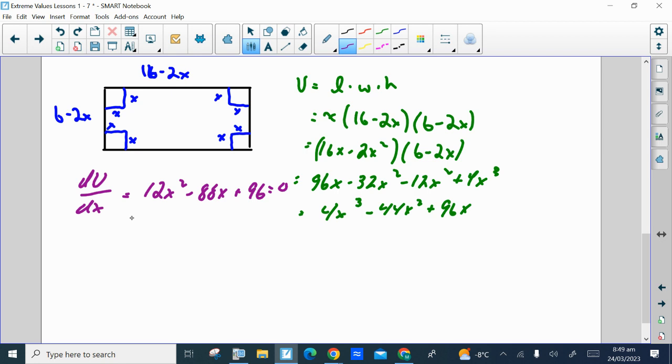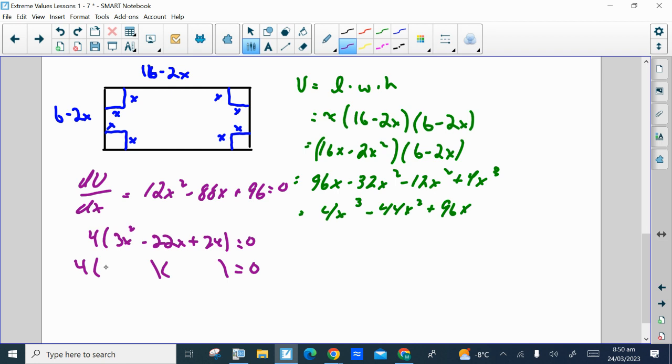Now, there is a common factor here of 4. This leaves us with 3x squared minus 22x plus 24. And then that quadratic can be factored, and it's going to give us two critical numbers. One of those will be where we have a maximum volume, the other where we have a minimum volume.